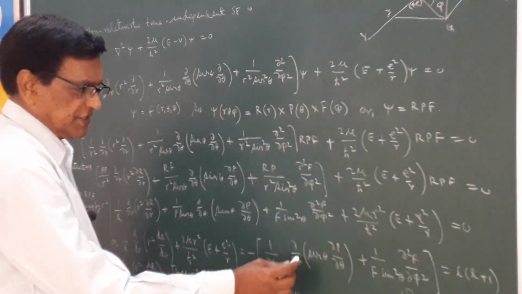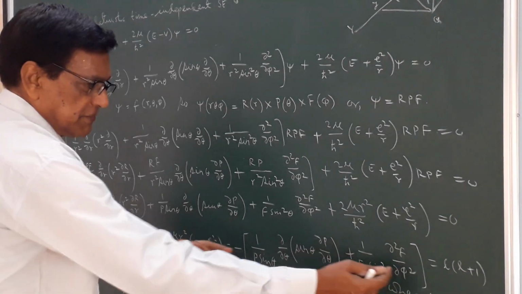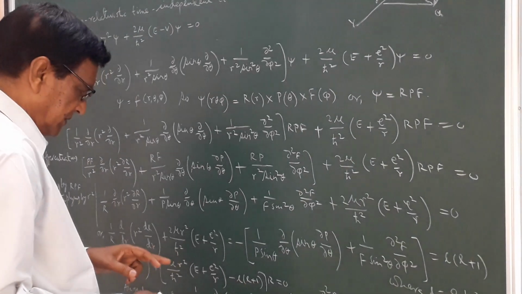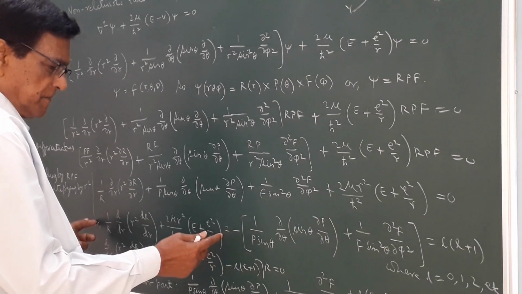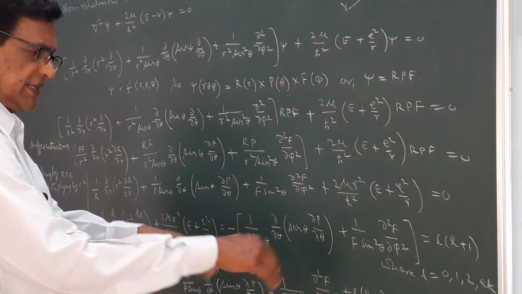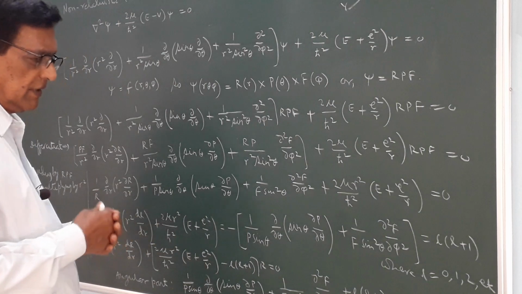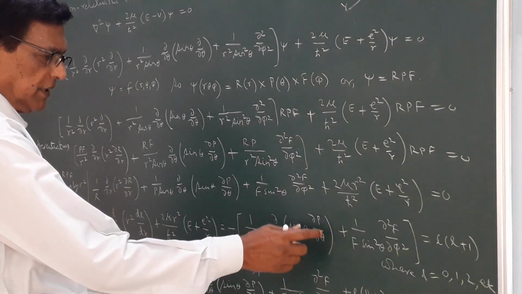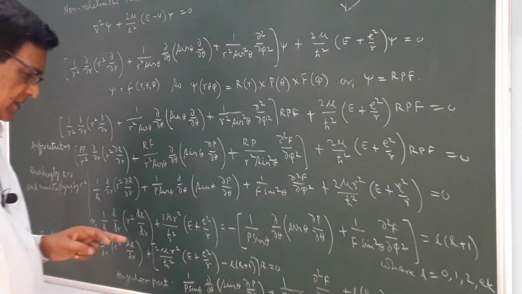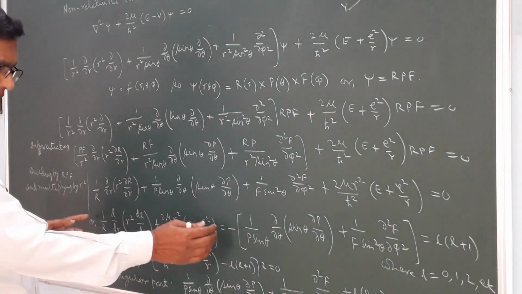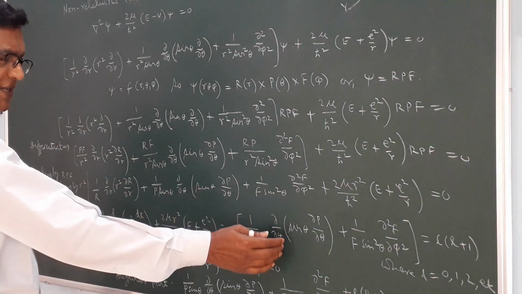If you change theta and phi, then this part will change, keeping r fixed, then the left-hand side is fixed but the right-hand side is changing. Again, if we keep theta and phi fixed and change r, then the left-hand side will change but the right-hand side remains fixed.